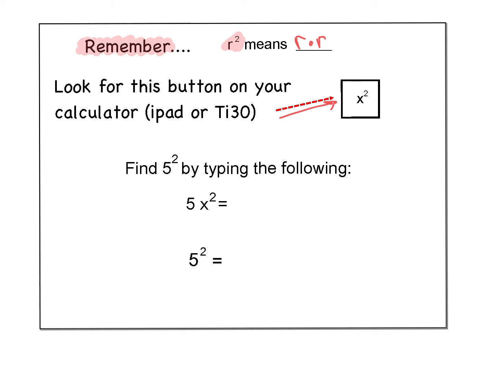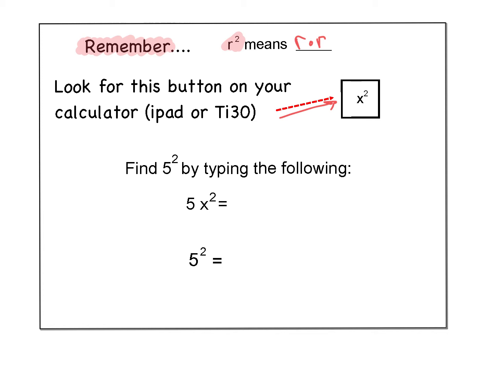So we're going to do a little practice. We're going to start by finding 5 squared by typing the following. On your calculator, I want you to actually practice doing this. You're going to type in the number 5, and then you're going to hit that X squared button, and then you hit the equal sign or the enter button.